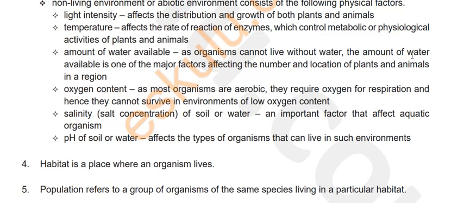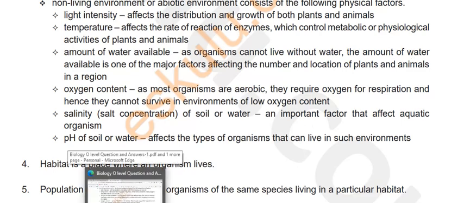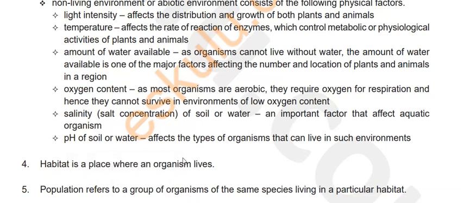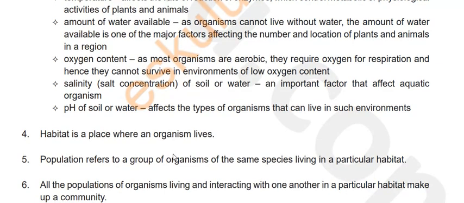Then the pH of soil or water affects the types of organisms that can live in such environments.